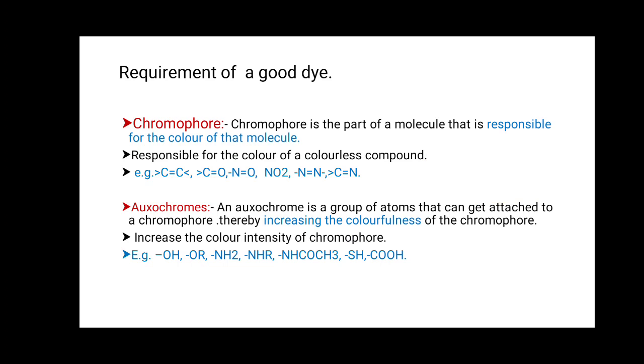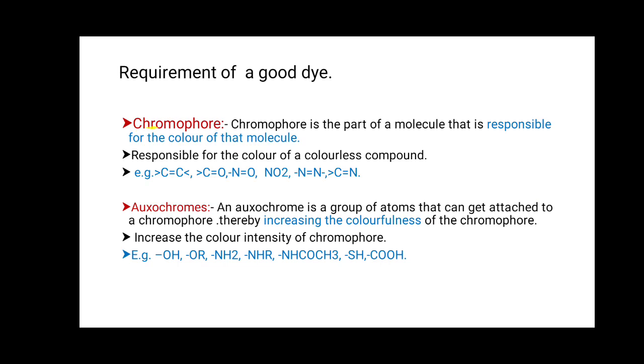Chromophores. A chromophore is a part of a molecule that is responsible for the color of that molecule. A good dye possesses a chromophore and oxochrome. What is chromophore? Chroma means a color and phore means a bearer.